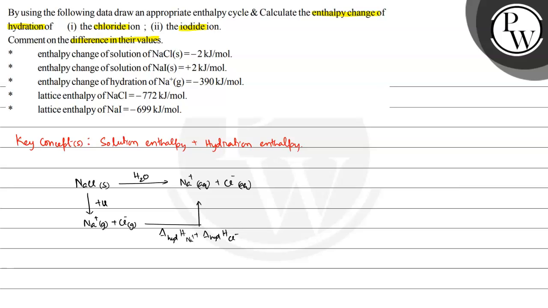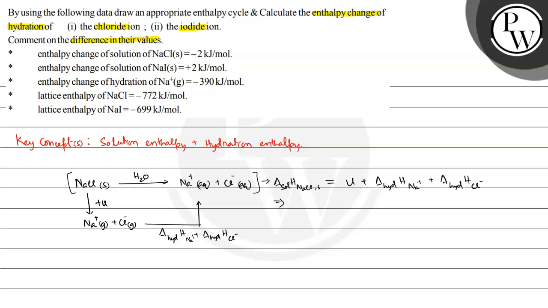Alright, and in total, the enthalpy of this is the enthalpy of solution, delta solution H of NaCl solid. So this value will be equal to lattice enthalpy plus hydration enthalpy of Na plus plus hydration enthalpy of Cl minus.